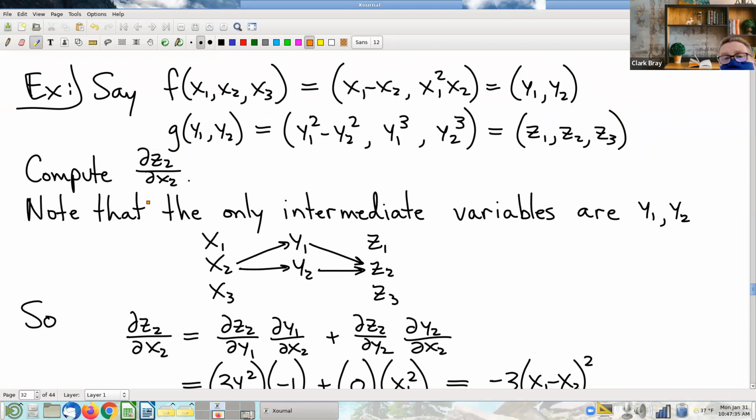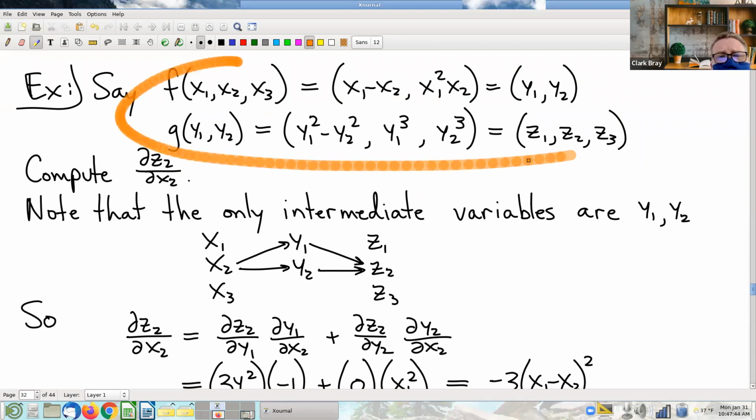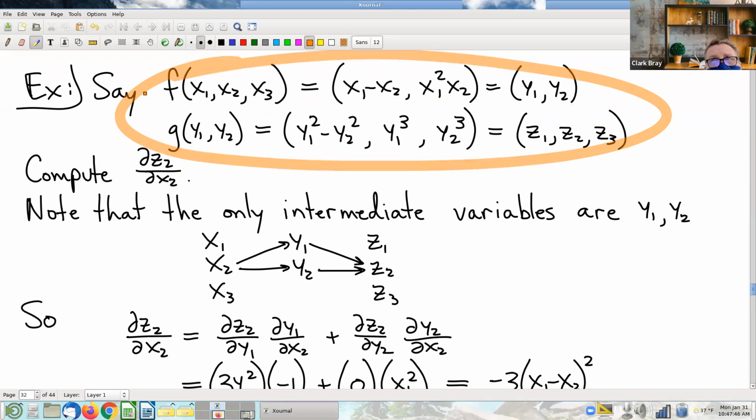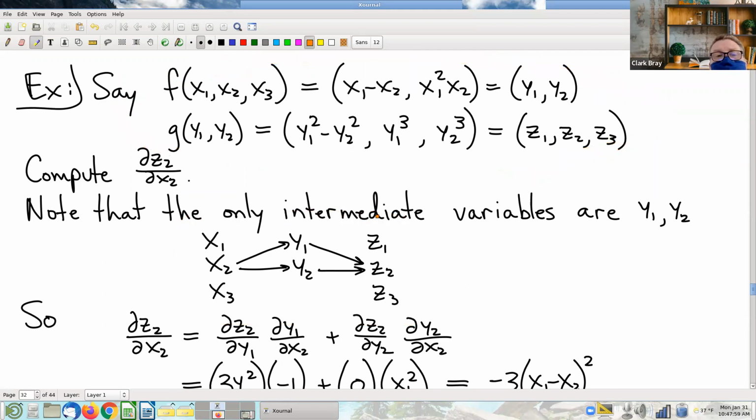So now first, let's make sure that we understand what's going on. By the way, this is something that I wish books would encourage more, but I strongly encourage you to write down not just the formulas for your functions, but write down what I like to call the roadmap of which variables go where, which variables relate to which other variables by way of what. Okay. And so here we go.